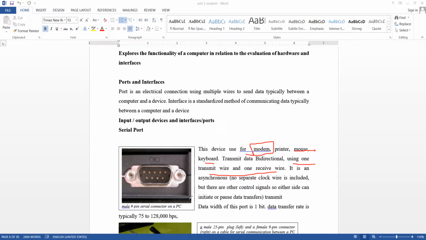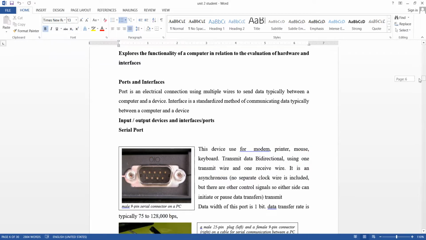There is a data transfer rate in bits per second, right? There is no need to memorize these numbers, the bits per second and speed. Remember that there's a port called serial, used to connect modems and printers, and earlier mouse and keyboard. Not now; nowadays you can't find it. That's what you have to take from this part.